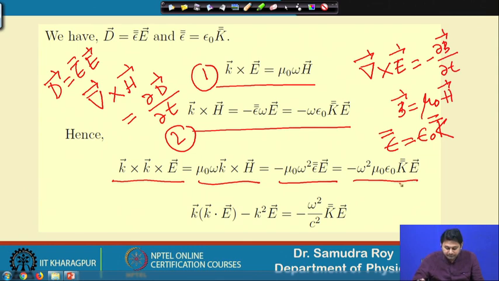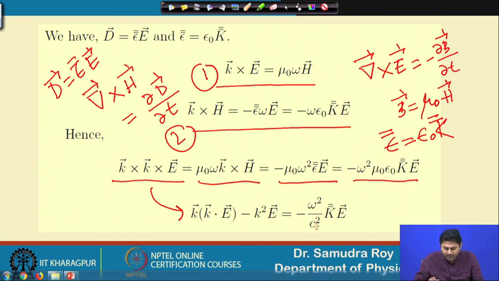After having that, we can expand this k cross k cross E like we expand A cross B cross C. We know the rule is A cross B cross C is B (C dot A) minus C (A dot B). If I apply this straightforward vector rule, then this will simply be equal to k times (k dot E) minus k square, which is nothing but k dot k, times E. On the right hand side we have omega square divided by c square, because mu 0 epsilon 0 is nothing but 1 by c square.